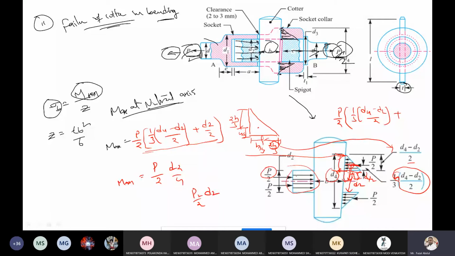Now from here to here we have to take, if it is total 1, the half portion is 1 by 2. So total is P by 2 into D2 by 4. That is the one I wrote here. Now what is maximum bending moment?